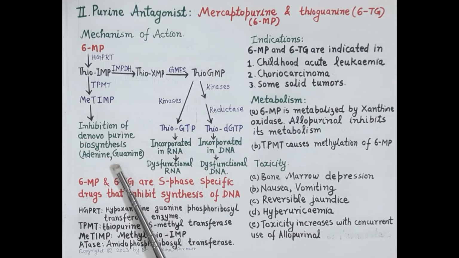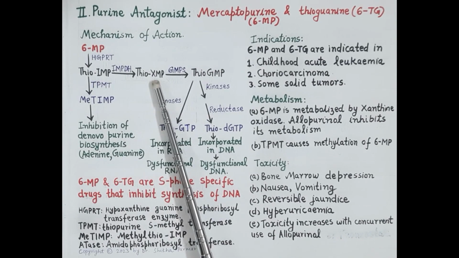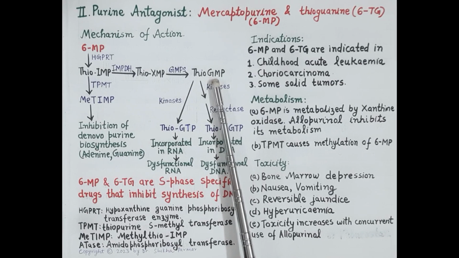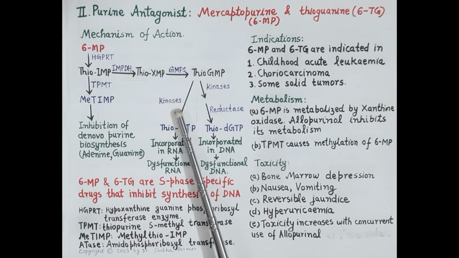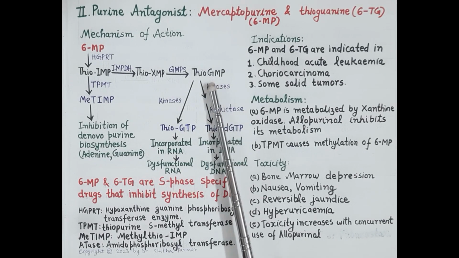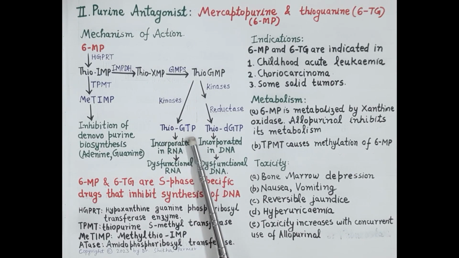Now, besides this, this thio-IMP is converted to thio-XMP, and then further it is converted to thio-GMP. Thio-GMP is thioguanosine monophosphate. Now, the enzyme kinases phosphorylate this thio-GMP to thioguanosine triphosphate.